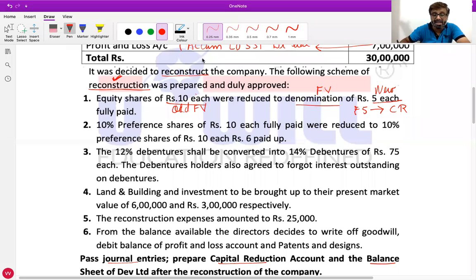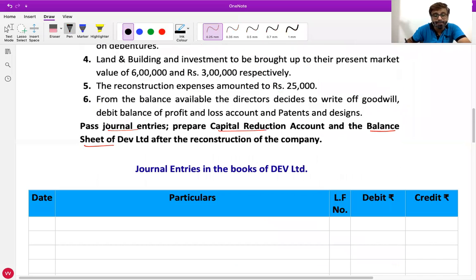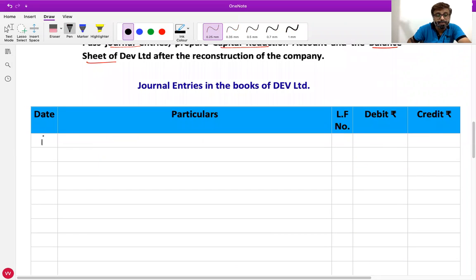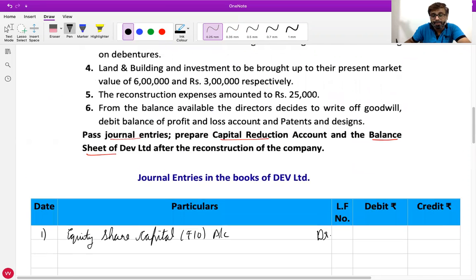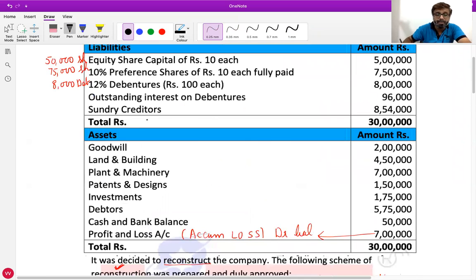Vaishali, unmute yourself and tell me the journal entry. Equity share capital account (rupees 10) debit. All of you write down equity share capital in bracket rupees 10 account debit. What amount, Vaishali? 5 lakh, 50,000 into 10.